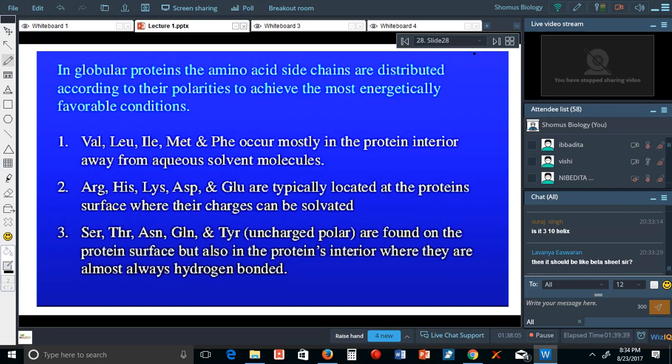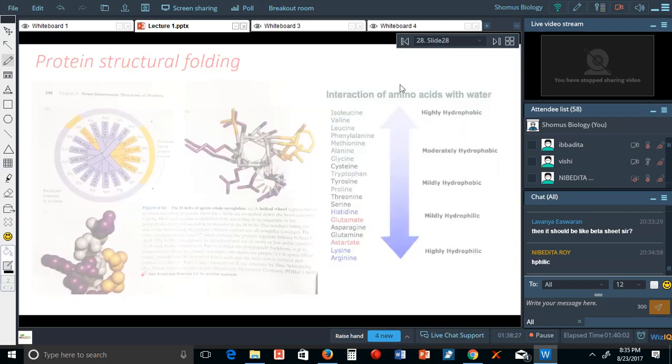While arginine, histidine, lysine, asparagine, aspartic acid and glutamic acid are typically located on the surroundings of the protein. Because all these, lysine, histidine, arginine, aspartic acid, glutamic acid, are charged amino acids, and they are always interacting with the hydrophilic solution, whereas valine, leucine, isoleucine always favor the hydrophobic region of the protein.